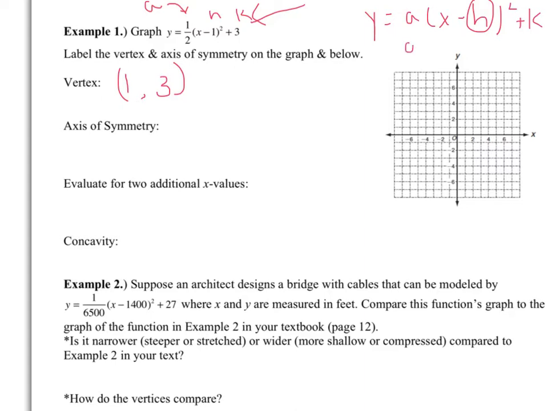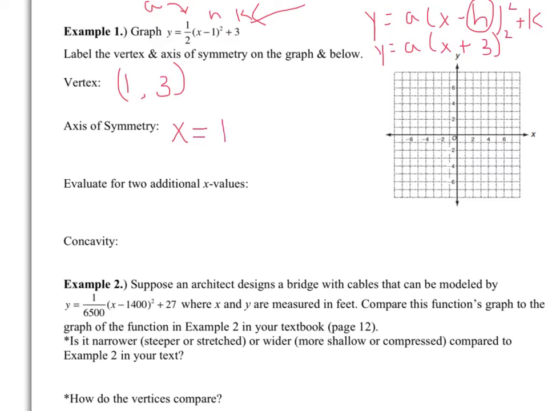So for example, if you had x plus 3, then in order for it to go from a negative to a positive, we had to have had a negative h value. So in this example that I have off here to the right, the vertex would have an h value of negative 3. So just be aware of that. The axis of symmetry, if you just look at your h value, is always x equals whatever the h value is, in this case 1.